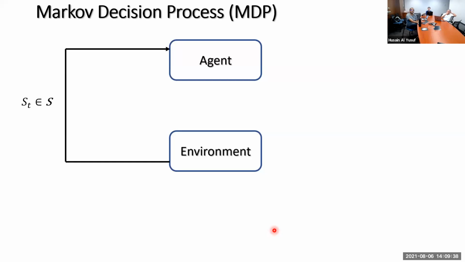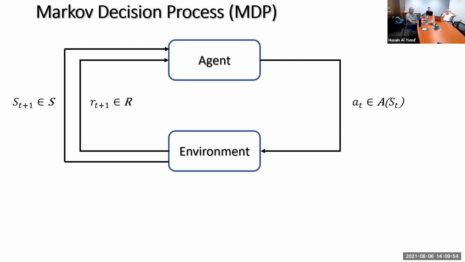The agent is in a state sent by the environment, and the agent decides which action to take while in this state. Then the agent will be in the next state, and the environment rewards the agent with a reward. This is the basic process of the Markov decision process model.